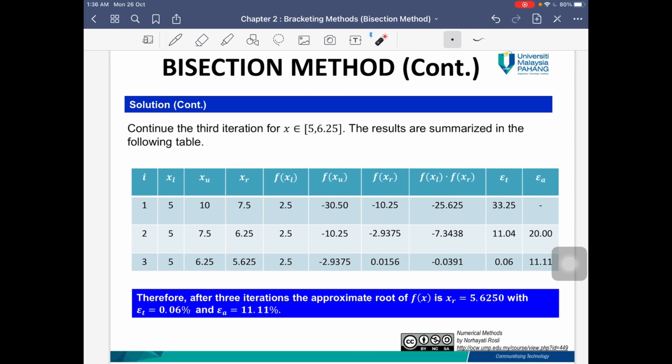But since we only need the third iteration, we can stop our computation, and then calculate the true percent and approximate percent relative error.